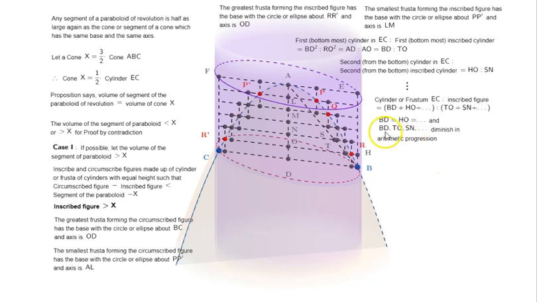But BD is equal to HO. So all these are with respect to the cylinder EC. So the radii of the cylinder is equal throughout.